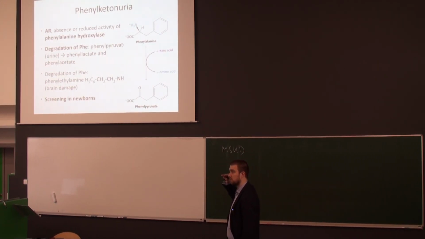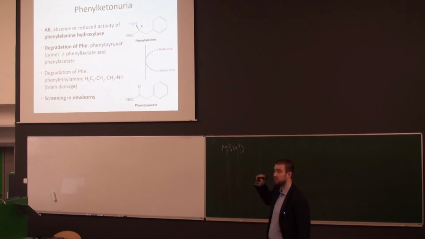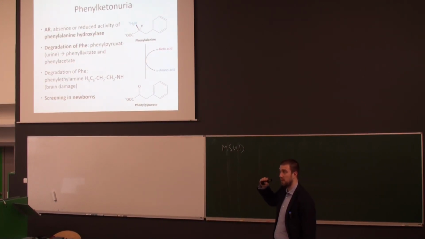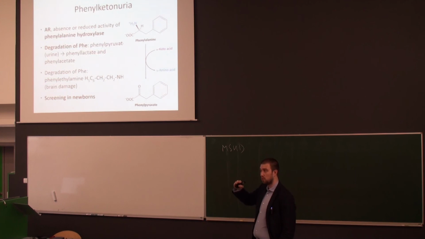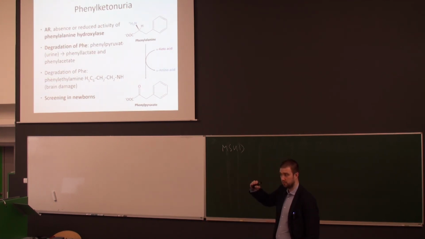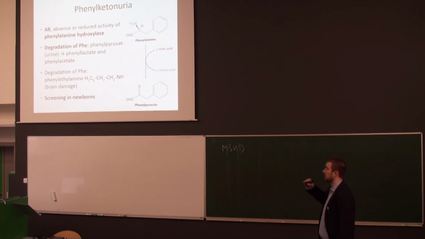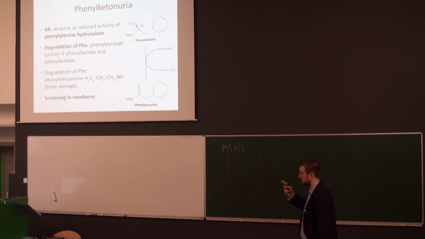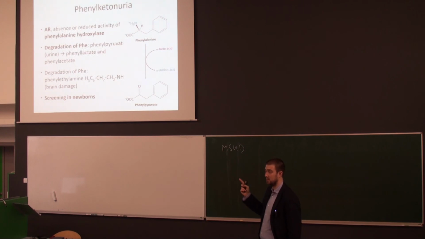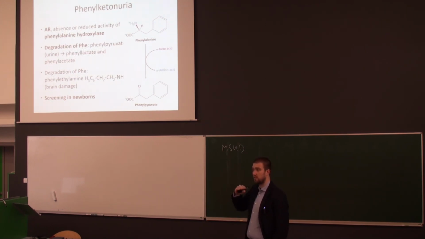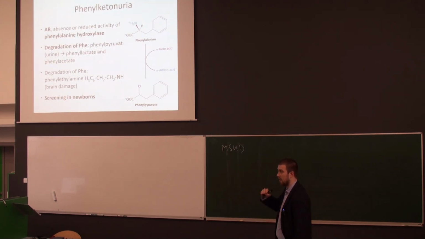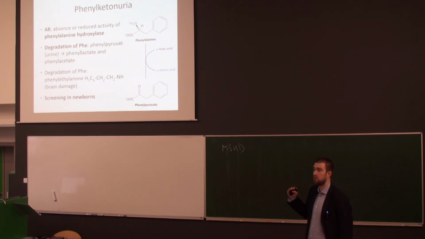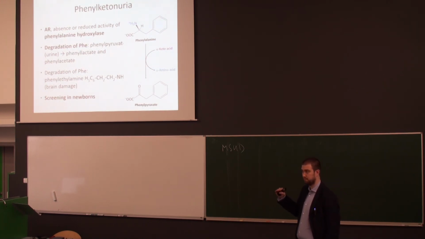And of course, especially susceptible to this damage is the developing brain during the newborn period and during childhood. Therefore, if you want to prevent the development of this brain damage, you must do the screening at the very beginning of life, and therefore all newborns are screened for it.